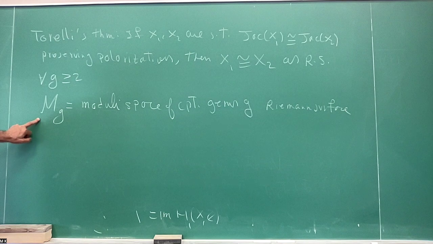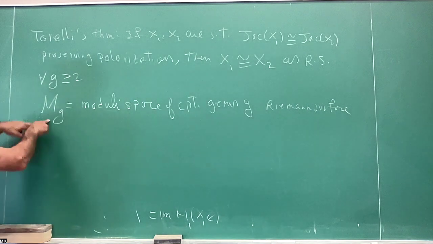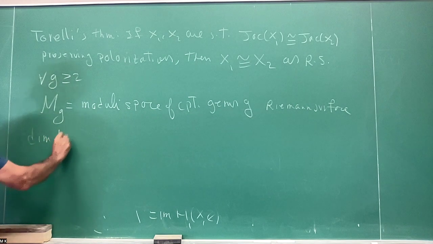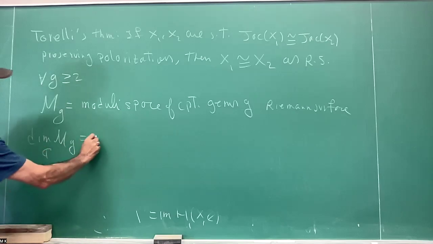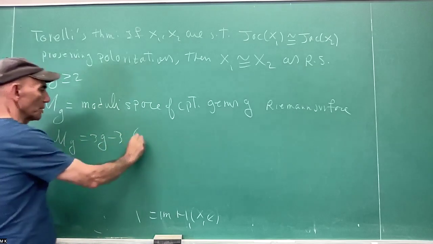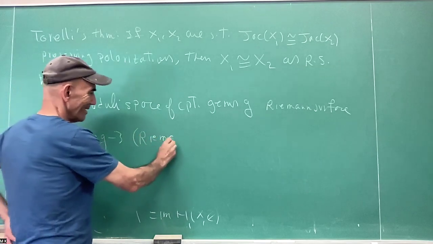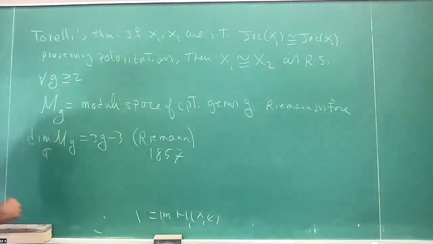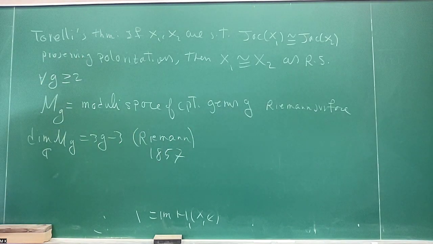This is very rough, without giving any complex structure or variety structure. This is the coarse moduli space that we are considering. There is a lot of structure you can put on that. It's a complex manifold, and you can show that the dimension of M_g over C is 3g minus 3. This is due to Riemann. Already in 1857, he wrote this formula. He gave some very sketchy arguments. It's an amazing observation of his.